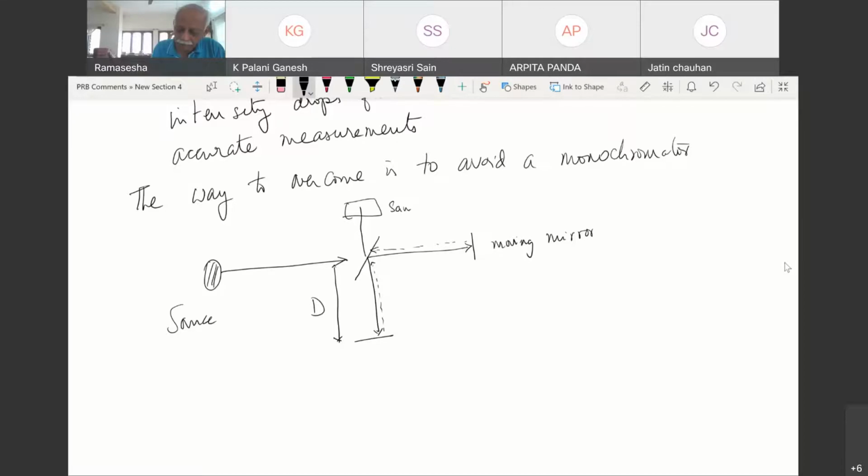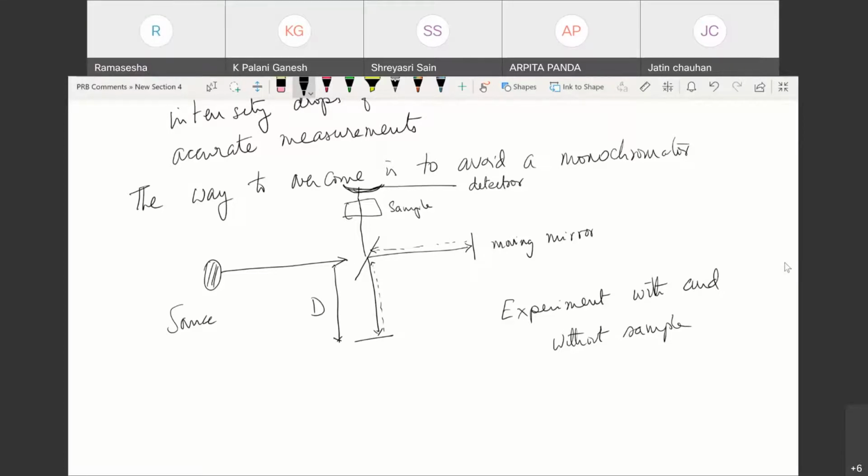So now you do this experiment with and without the sample, for different positions of the mirror.